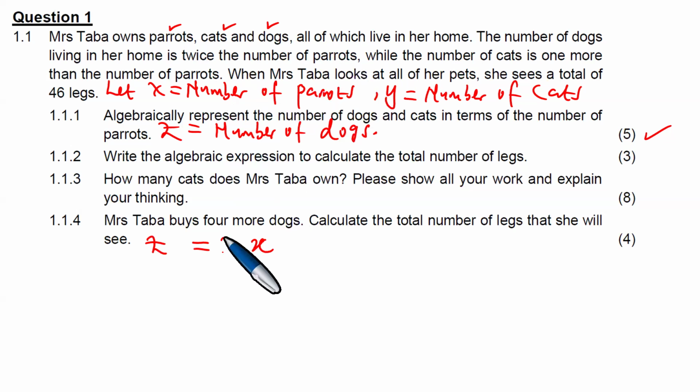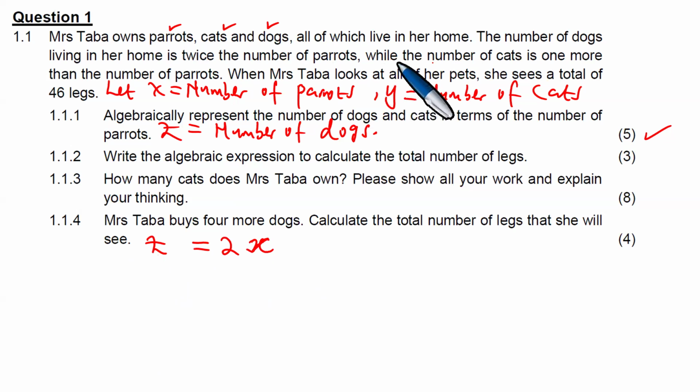And therefore we must put a 2 here. If we are to create an equation, because the dogs are more than the parrots, we put a 2 here like this.